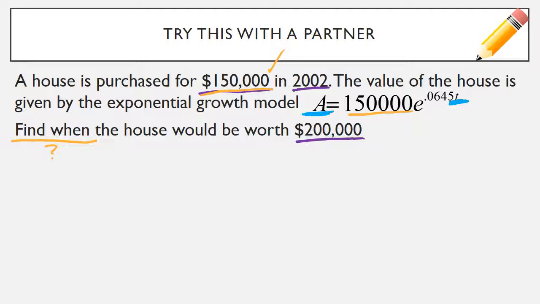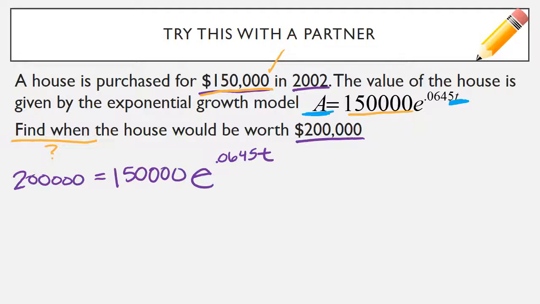So I don't know my time value. So t is going to stay, 0.0645 is going to stay, e is going to stay, 150,000 is going to stay. Therefore, A, meaning my total amount, my final amount, is 200,000.